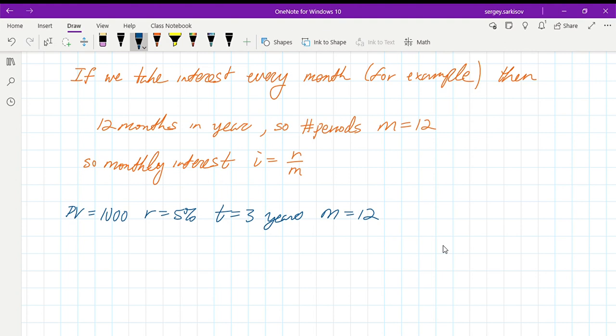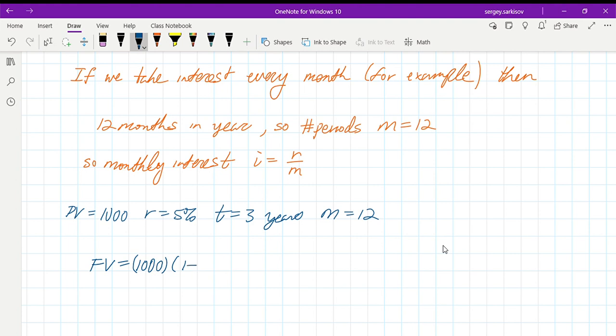So what we would do is, future value is equal to the present value, $1,000, times, remember the 1 plus R, 1.05, you would think, but no, it's actually not.